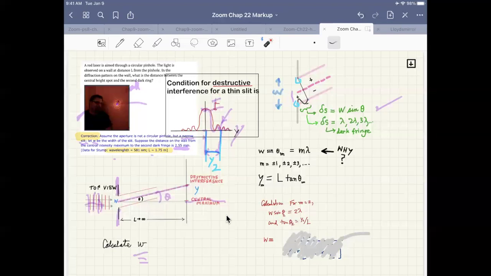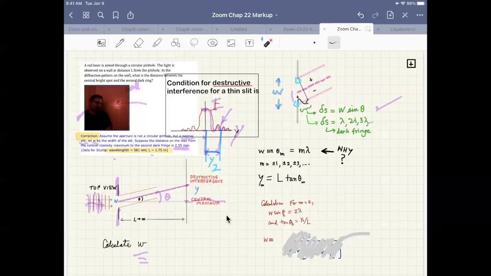And now we want to calculate y, I guess. Looking at this triangle, y is L tangent theta. Looking at this little right triangle and applying trigonometry, y is L tangent theta. And we want to consider m equals 2.